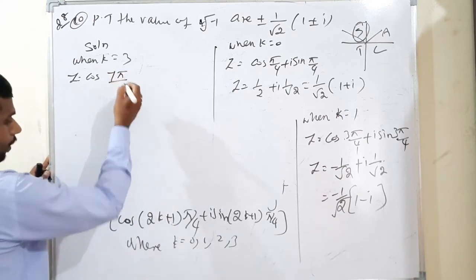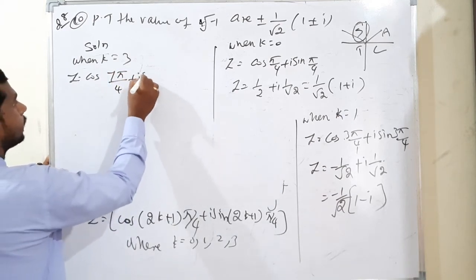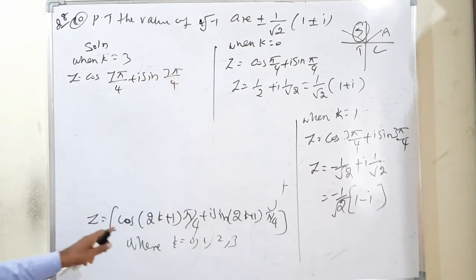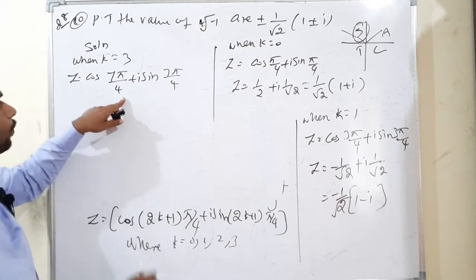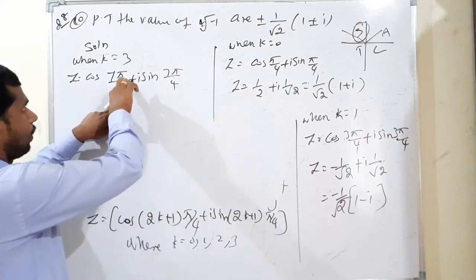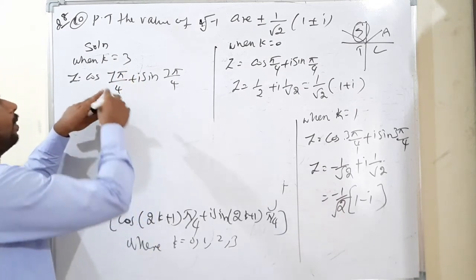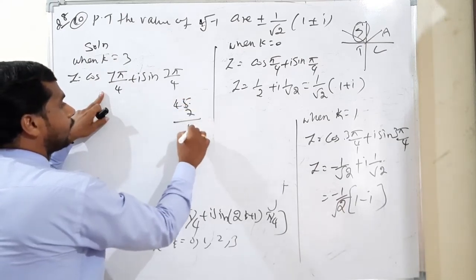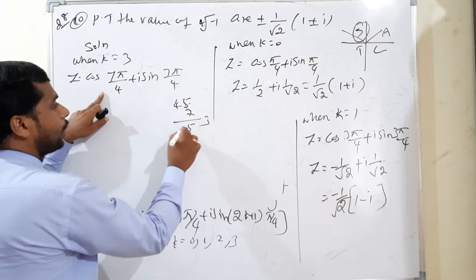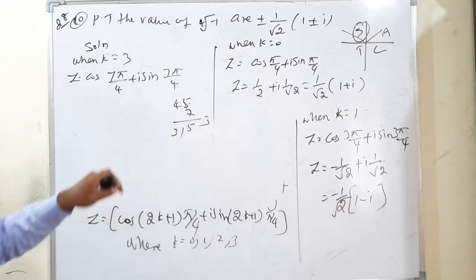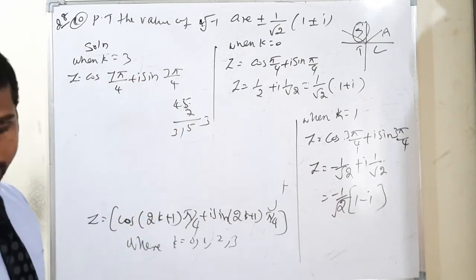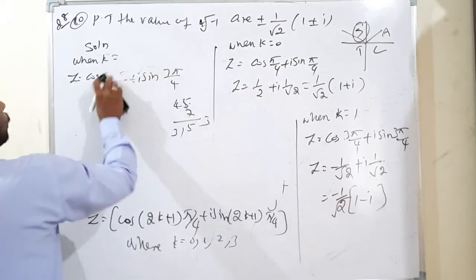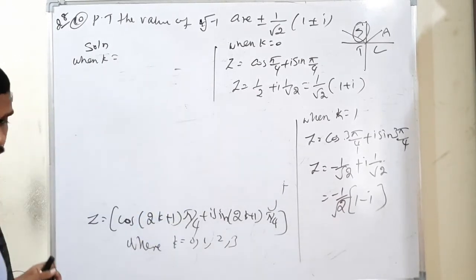So 7 pi by 4 plus i sin 7 pi by 4. Now 7 pi by 4, we already know pi by 4 means 45. Then 45 into 7, 5 sevens are 35, 4 sevens are 28, 28 plus 3. Sorry my dear, k equal to 2 is missing, no? First we have to finish when k is equal to 2, then we will move on to 3.